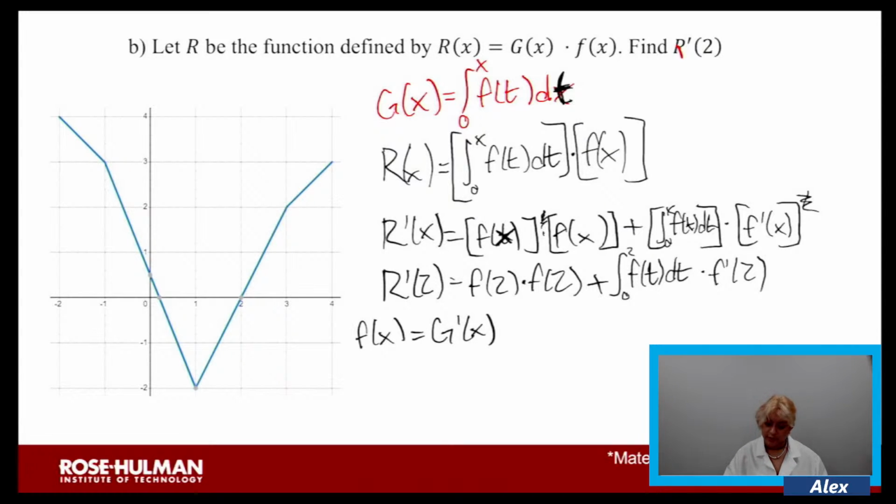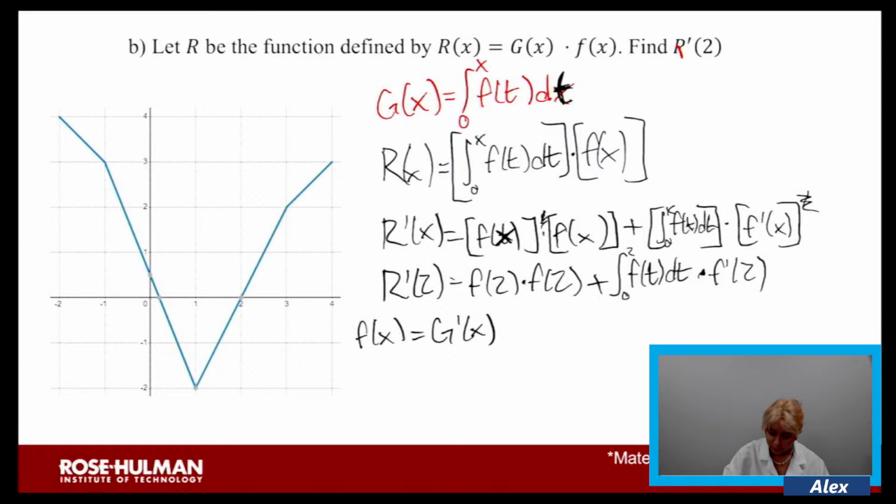And so we'll use this as we find the slope at this point to see what that is there. This is just itself times itself, so it's just f of 2 squared, and then for this side we will find where it is at 2, and then we will multiply by the last part.